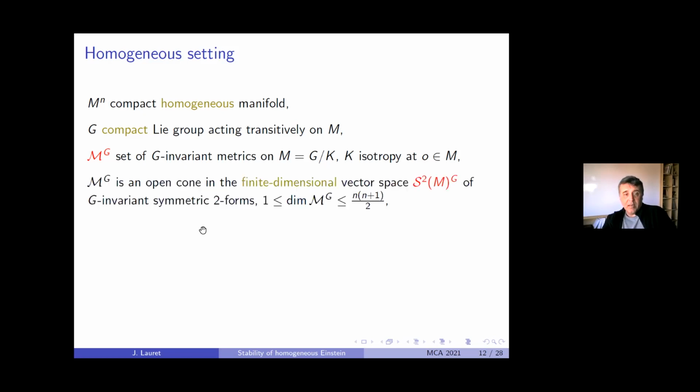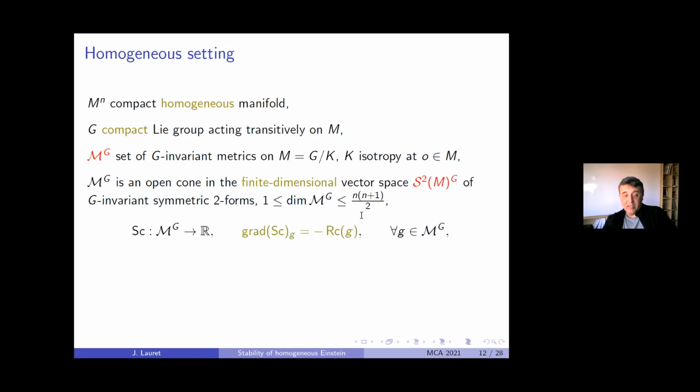Okay, so this M^G is now a finite dimensional vector space. Sorry, a manifold, but the finite dimensional manifold is open in this finite dimensional vector space. The dimension is here.